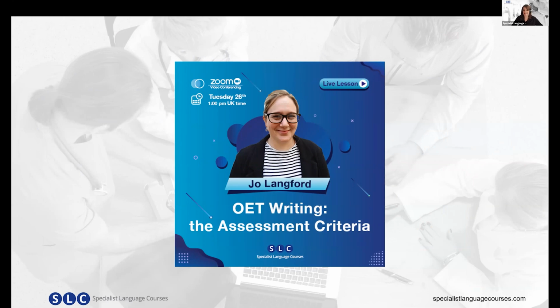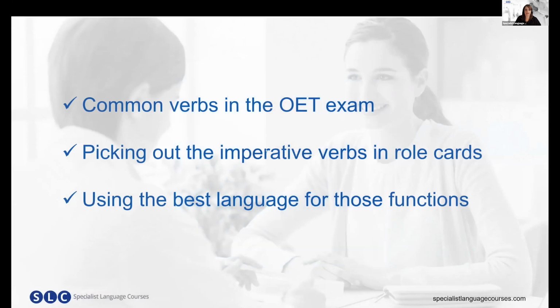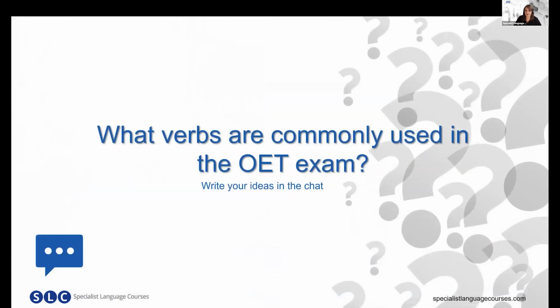Okay, let's get started. Today we're going to particularly look at some of the common verbs you might come across in the OET Speaking. We are going to look at picking out imperative verbs on the role cards and give you some tips for this. Then we're going to look at some of the language that you can use for those verbs and those functions. I'm going to start off with a question.